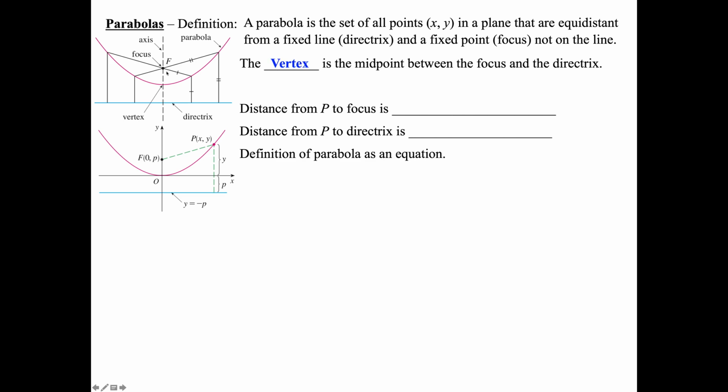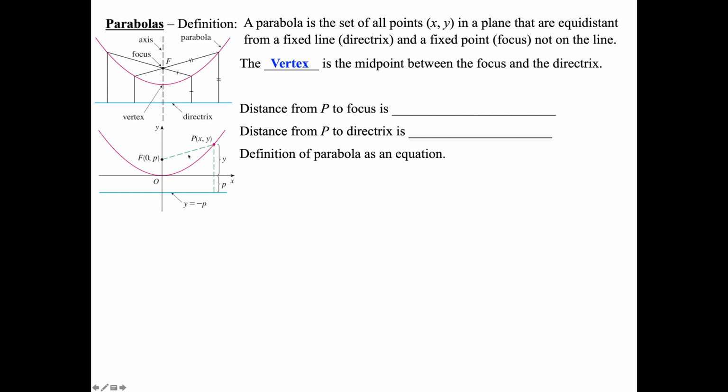The vertex is the midpoint between the focus and the directrix line. So that means these two segments are going to be equal to each other. So by the definition, the distance from the focus to any point on your parabola has to be congruent or equal to that segment down to the directrix line. Boom, boom, all equal. All right.